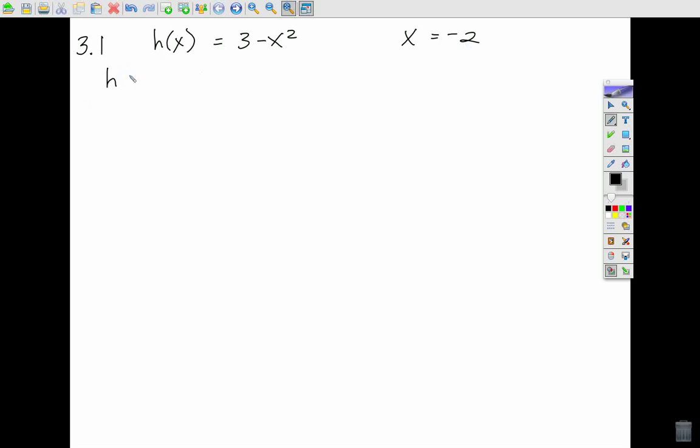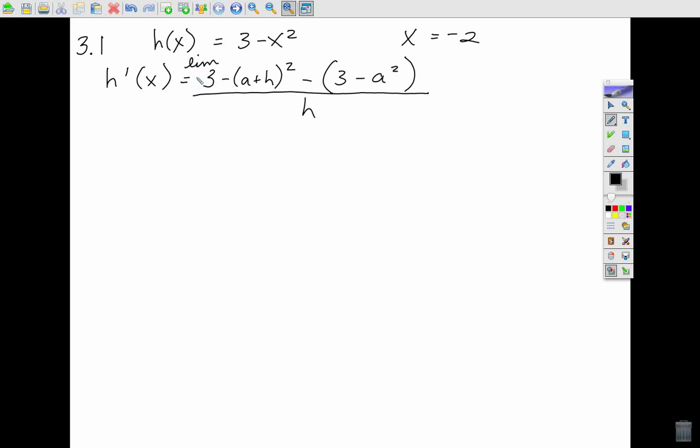So let's do that. We would have h prime of x equals, now remember, f of a plus h minus f of a, all over h. So what would we have? We would have 3 minus a plus h squared, so that's f of a plus h, minus 3 minus a squared, all over h, which is going to, oh gosh, what did I forget?